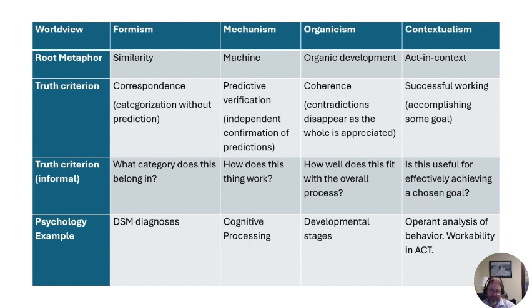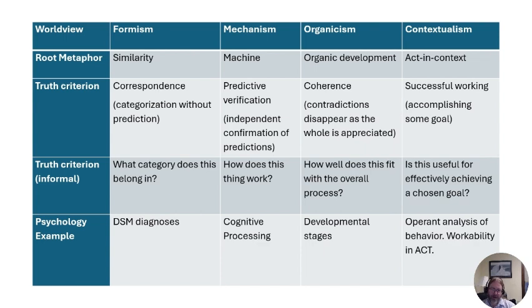More recently, when we get to ACT, we see the term workability, where we are asking about a particular behavior, say going to a wedding and drinking a lot with your friends. Is that a good behavior or a bad behavior? We have to appreciate that as the whole act in context, and we have to ask what it is that the person is trying to achieve.